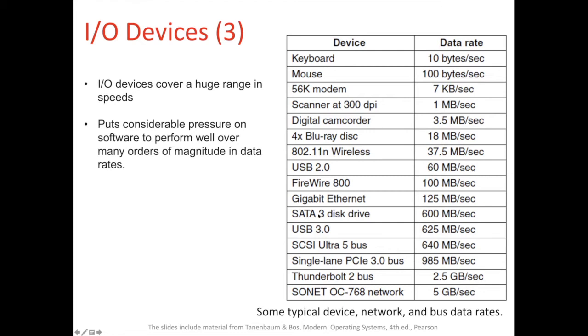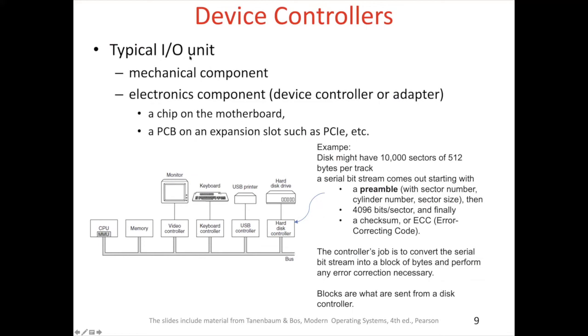For a SATA 3 disk drive, we have 600 megabytes per second. And notice that for USB 3.0, the data rate is 625 megabytes per second.